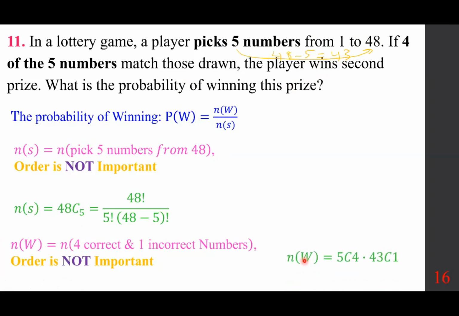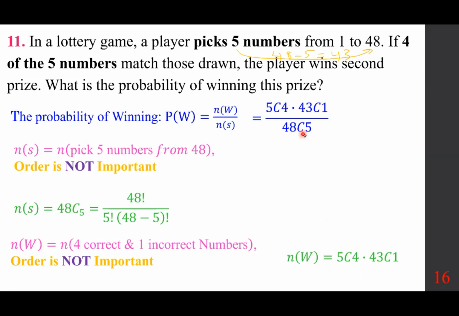And so N of winning is 5C4, combination of 5, choose 4, times combination of 43, choose 1. That is the top, and that is the bottom. So I'm going to put it in here. By the way, 43C1, this is 43, and this is 5.